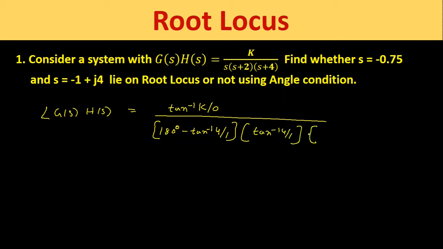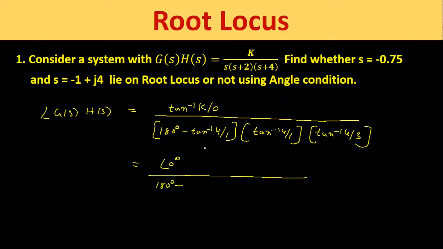Then the next value also has a positive real part, so we can take tan inverse of 4 by 3. When we solve this, we get angle 0 degrees. Here we get 180 degrees minus tan inverse 4, which is 75.96 degrees. Then tan inverse 4 is 75.96 degrees. And tan inverse 4 by 3 is equal to 53.13 degrees.